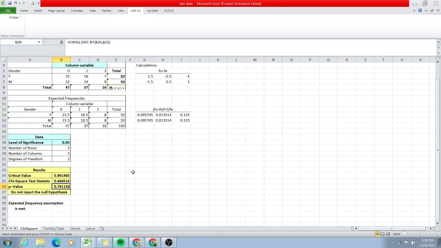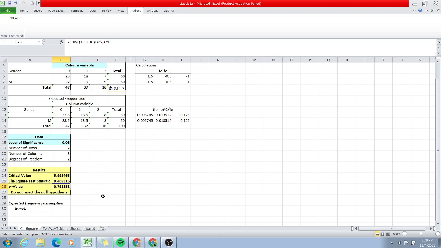Now, if the test tells that there is a significant relationship between gender and smoking status, for example, the p-value is less than 0.05, then you have to describe the strength of the relationship, either weak, moderate, or strong, by computing Cramer's V. Cramer's V is used to describe the strength of the relationship if the chi-square test of independence shows that the relationship is significant.